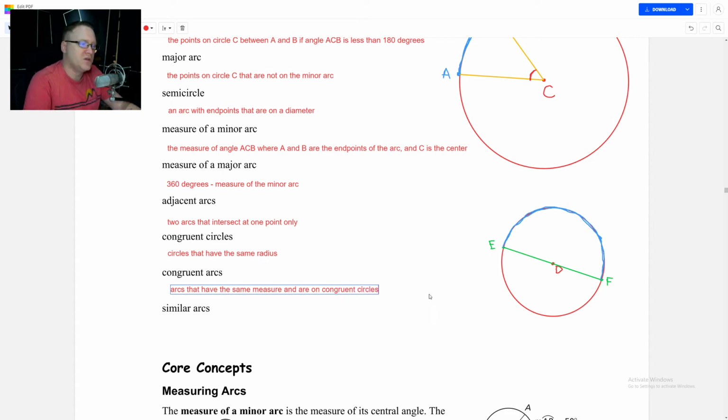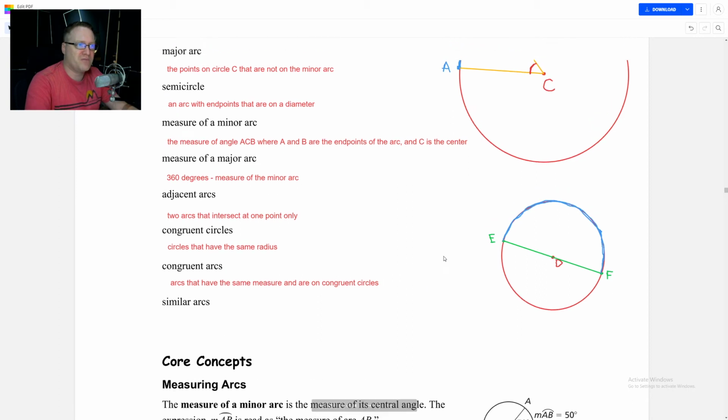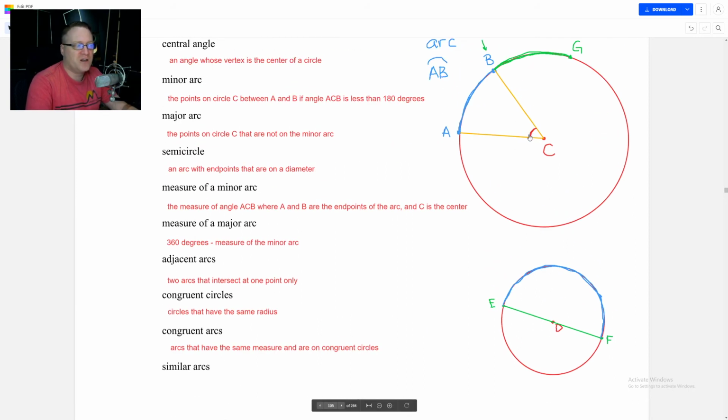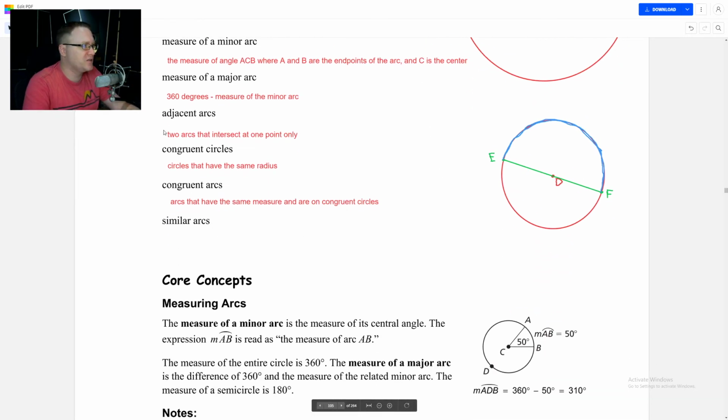So if we have two arcs that are on two circles that are congruent, that means two circles that have the same radius, and their measure is the same, and remember, measure is the angle here, that means the two arcs are congruent. We'll talk about that more later.